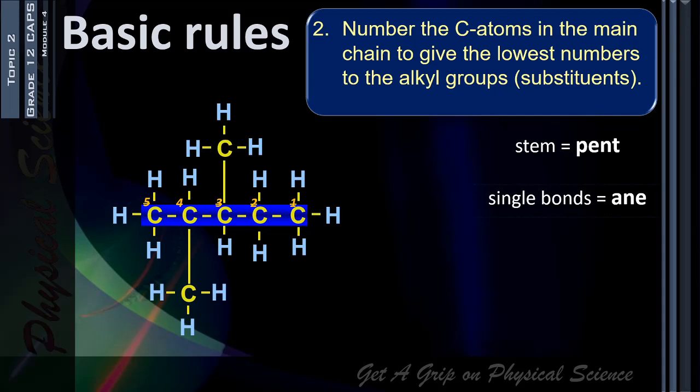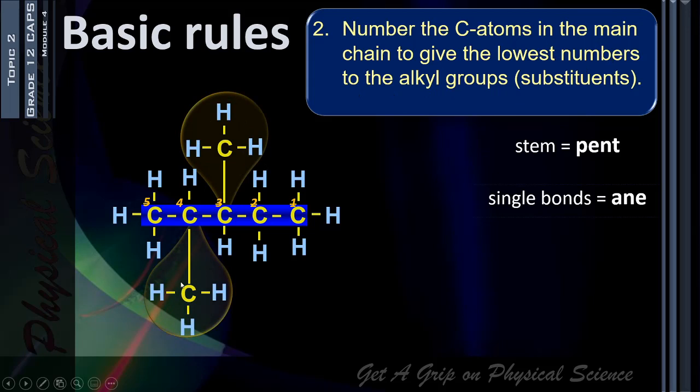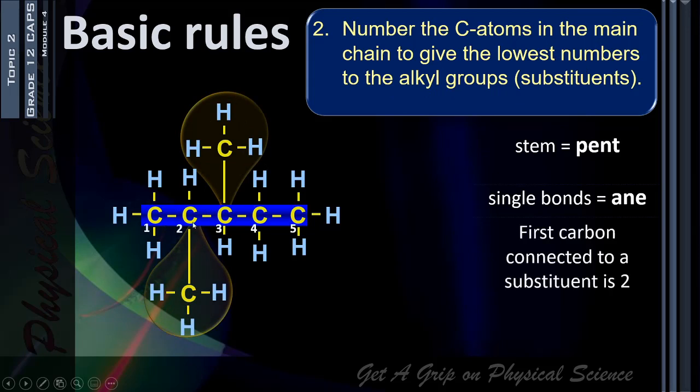But the rule says that we have to give the lowest numbers to the alkyl groups. And here you can see that the alkyl groups or branches are on number 3 and 4. But if we rather number the carbons from left to right, you can see that this changes to 2 and 3. And because the combination of 2 and 3 is lower than the combination of 3 and 4, we rather number this carbon chain from left to right.